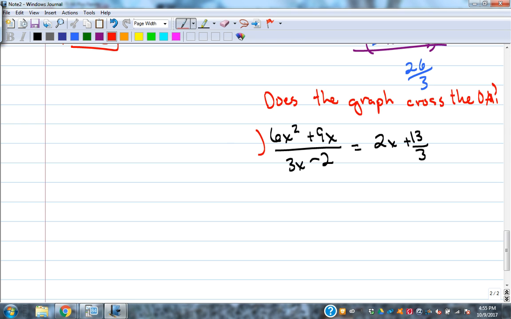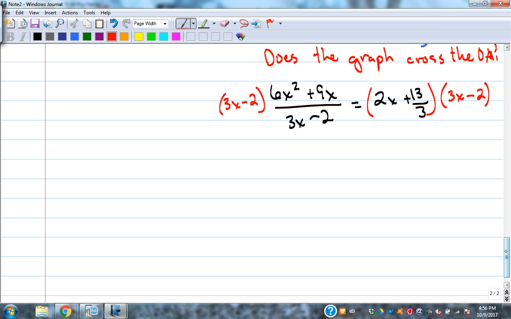All right. Multiply by 3x minus 2. Now this makes it a little more difficult because you've got a polynomial over there to multiply by. These cancel. There's 6x squared plus 9x.